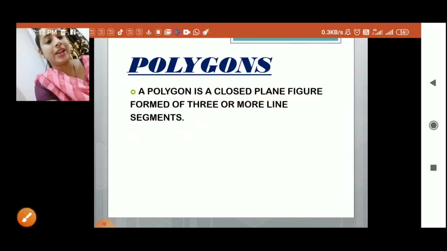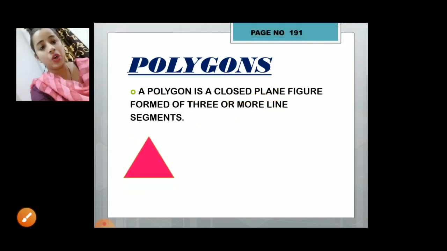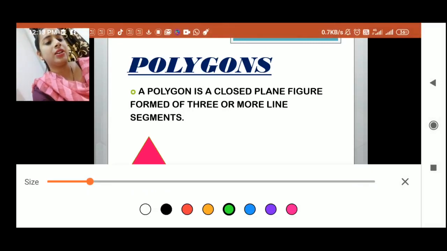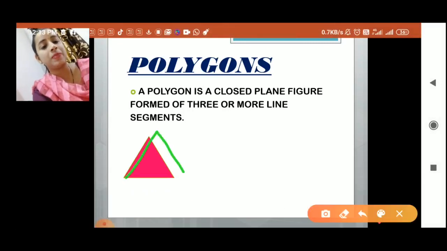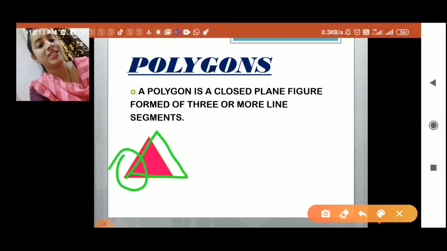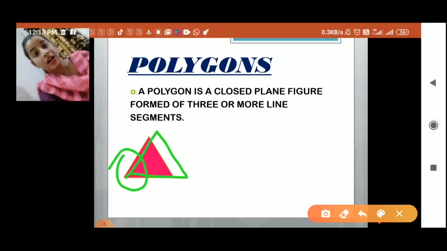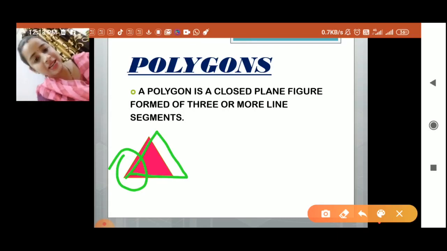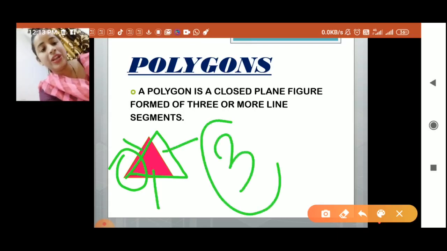So we'll take one example and see whether it's satisfying or not. So here you can see there is a triangle, right? And in the triangle you can see it is a closed plane figure because its beginning point and its ending point are both the same, right? And it is made up of how many line segments? It's 1, 2, 3. It is made up of 3 line segments.